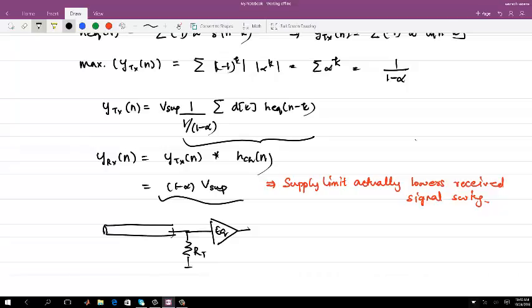The thing is that the received signal is already lossy, so it is already lower in swing, and you have more range to amplify. There will be problems with this also, because when you amplify the signal, you amplify noise also, but that's a different case.